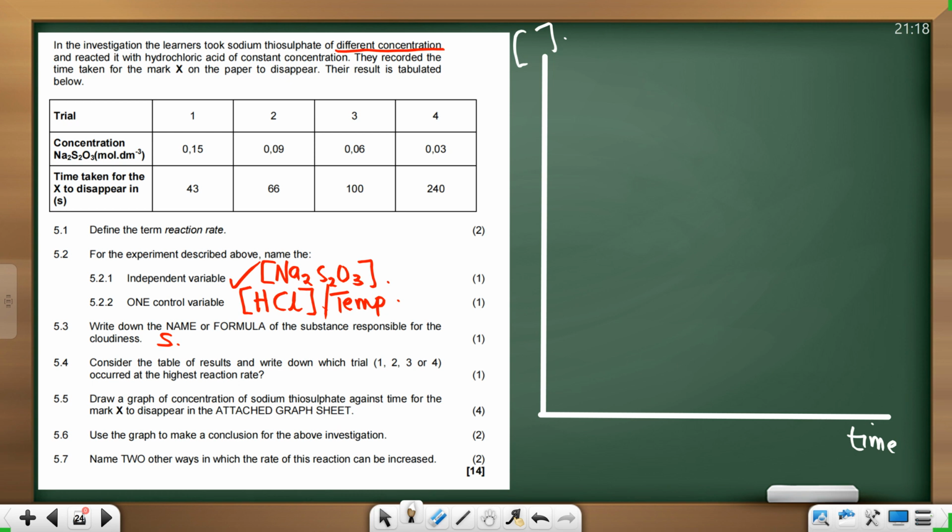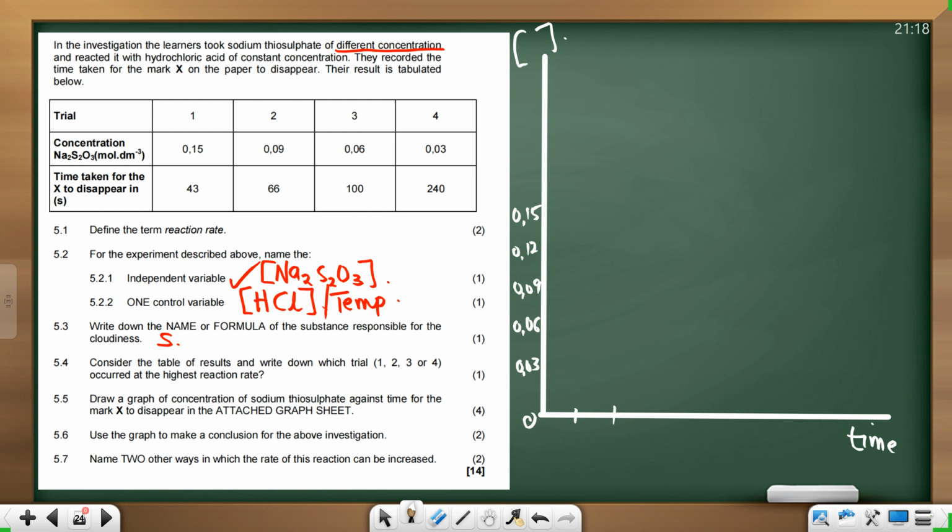Now, what's happening? Concentration is 0.15. So it's 0 here. You can use 0.03, then 0.06, if you keep adding 0.03, then that will be 0.09. It must be a good scale, guys. 0.15. And then here, let's see.